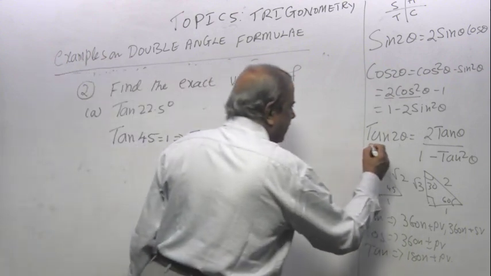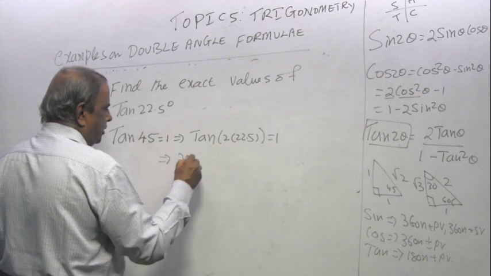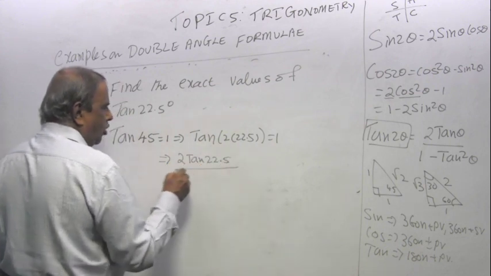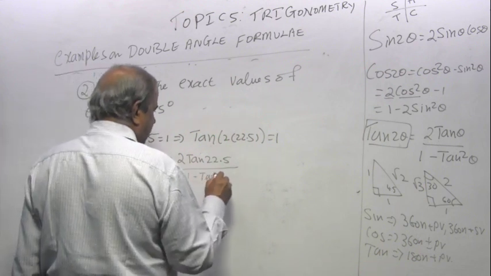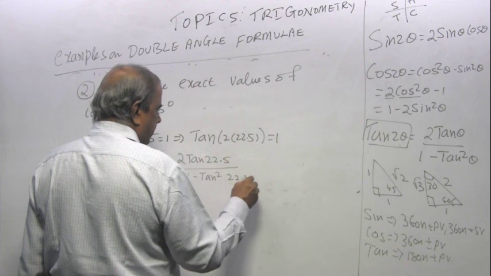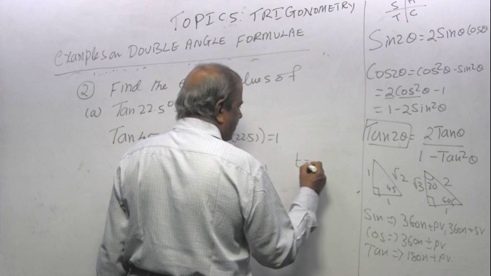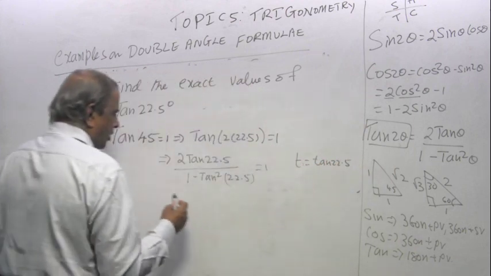What is the formula for tan 2 theta? So that is 2 tan 22.5 over 1 minus tan squared 22.5 equals 1. For a moment, let's call t as tan 22.5. So what do I get?